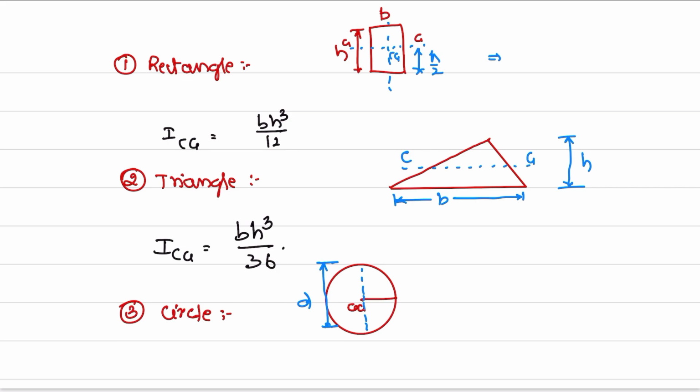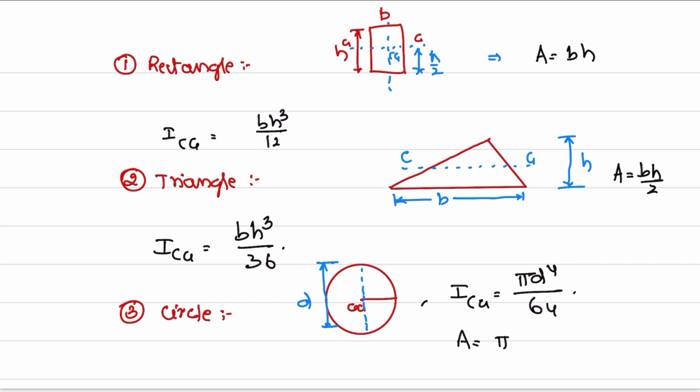Then ICG is equal to pi D to the power of 4 by 64. Then what is the area here? For the rectangle, A is equal to B into H. For the triangle, area is half BH, and for the circle, area is equal to pi d square by 4.